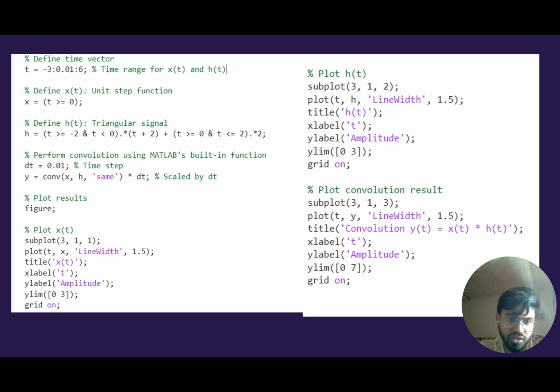The convolution is computed using MATLAB's built-in conv function. The result is scaled by the time step dt equal to 0.01 to approximate integration in discrete form. Finally, the code generates 3 plots to visualize x(t), h(t) and y(t).